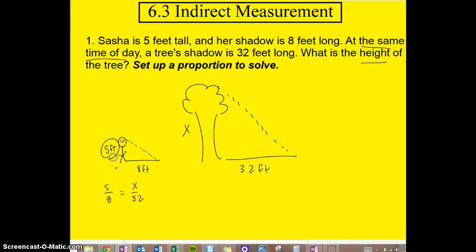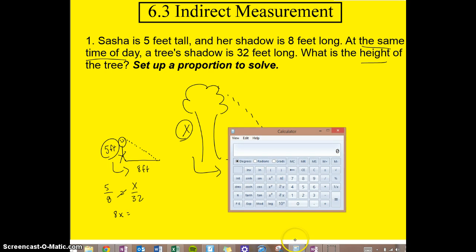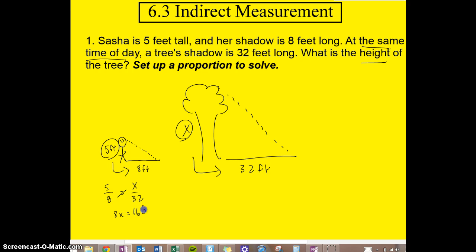Again, height compared to the shadow, height compared to the shadow. Cross multiply, that gives us 8X equals 32 times 5 on the calculator. 32 times 5 gives us 160. Divided by 8, and X is going to equal 20 feet.